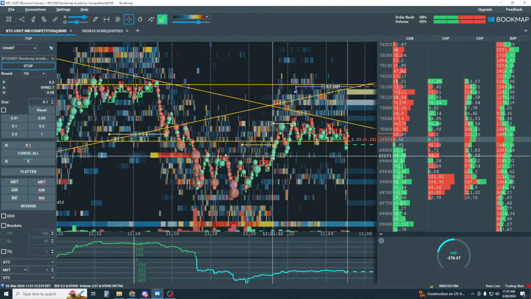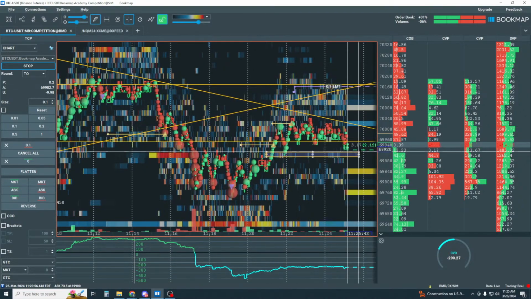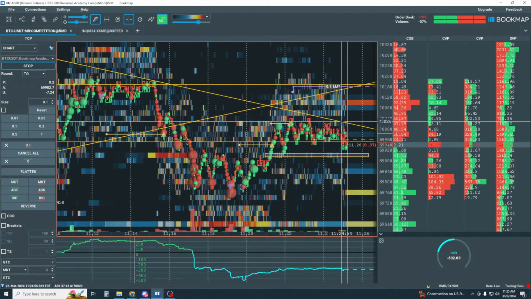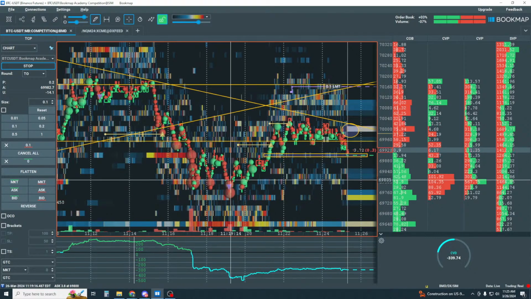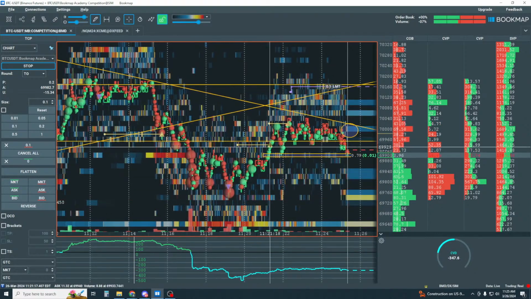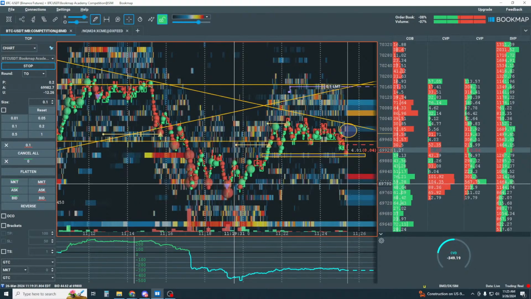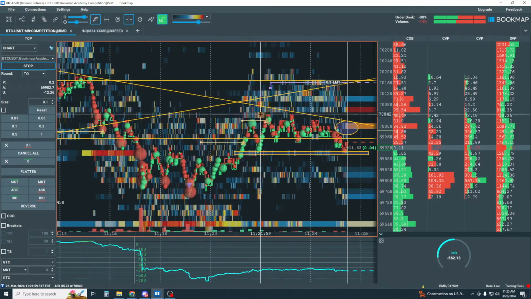I need to see there's support here, and I need to see a lot of buying or a lack of selling in here, and then I need to see a lot of buying come back up in here. Otherwise this trade idea is not good. We will very likely come back down to here and retest 900.